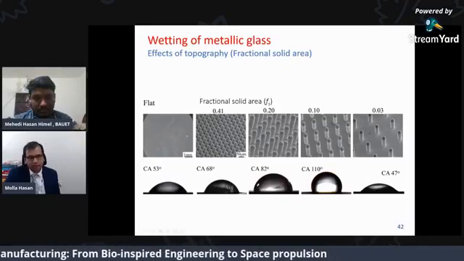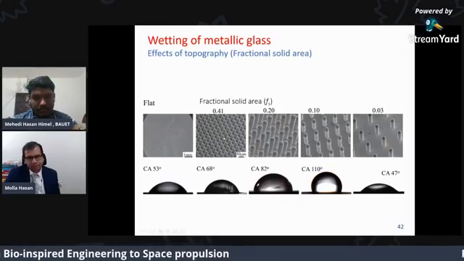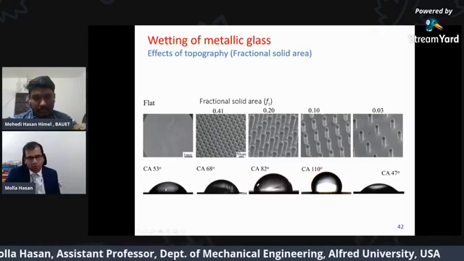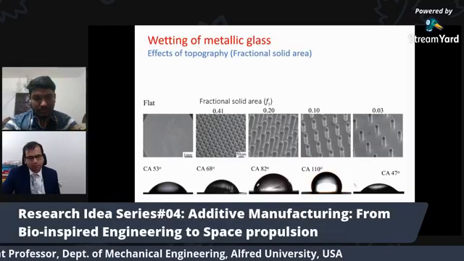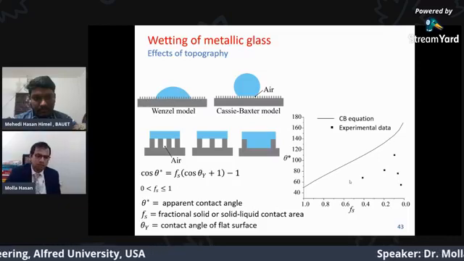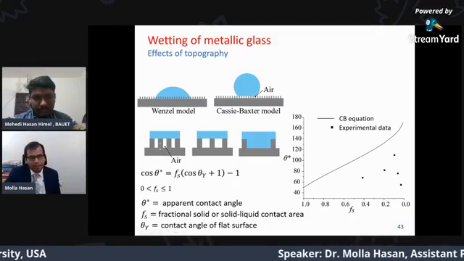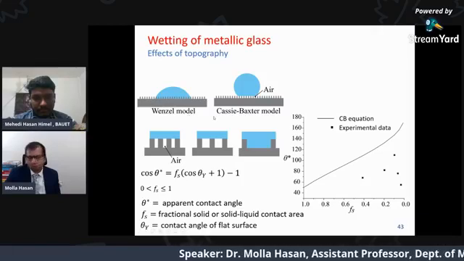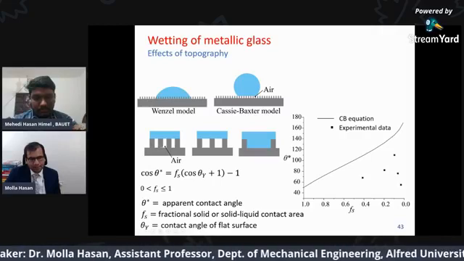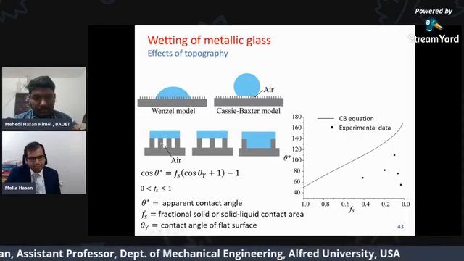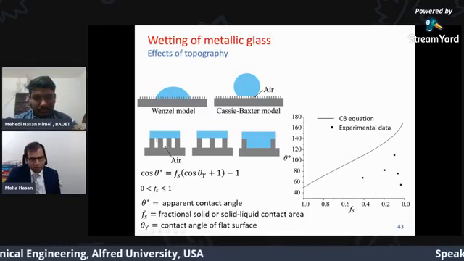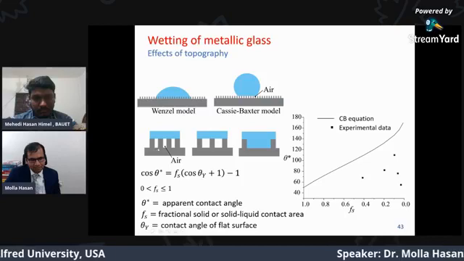And now, when we pattern our metallic glass with this method, we have seen changes in contact angle. We found that it transformed from the Wenzel model to the Cassie-Baxter model. In the Cassie-Baxter model there is some air, and this air acts as a cushion and does not allow the water droplet to touch the base.